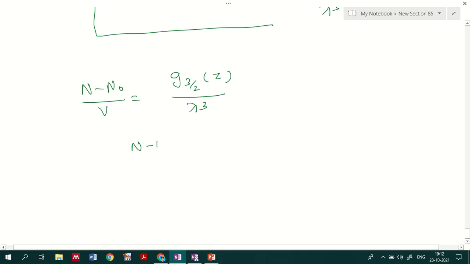Now if I take N minus N0 equal to g_{3/2}(z) divided by lambda cubed into V, this V I can take to the other side.